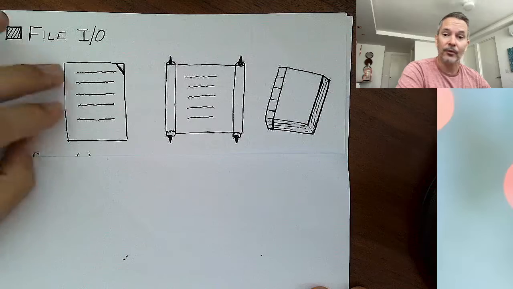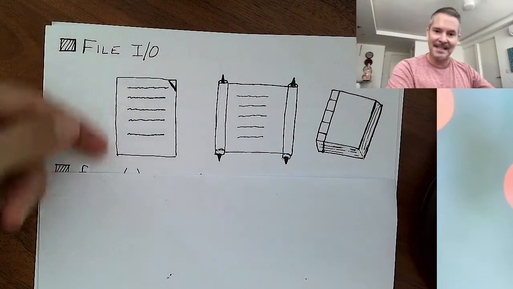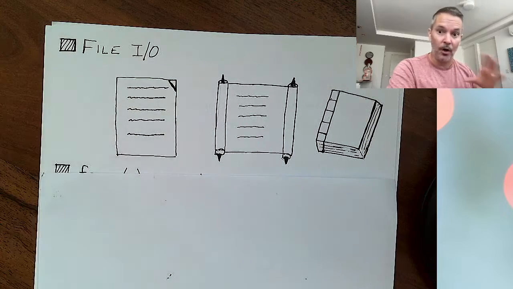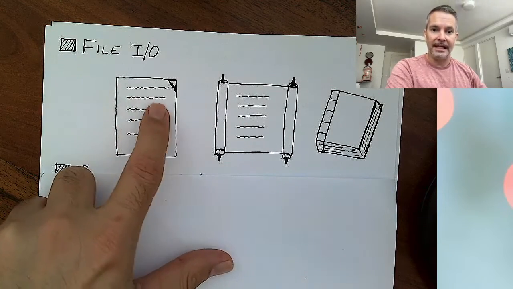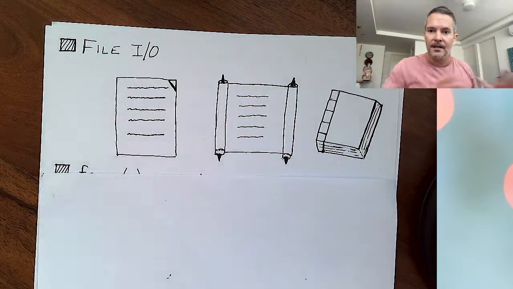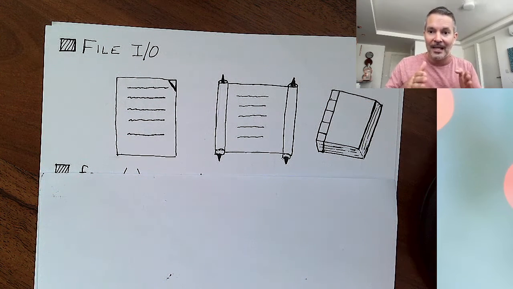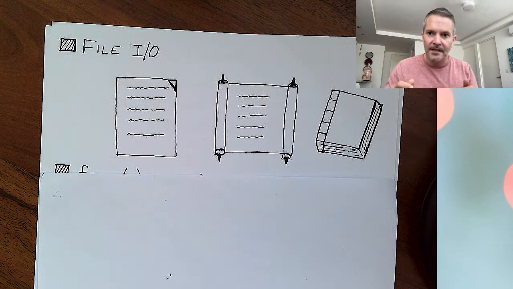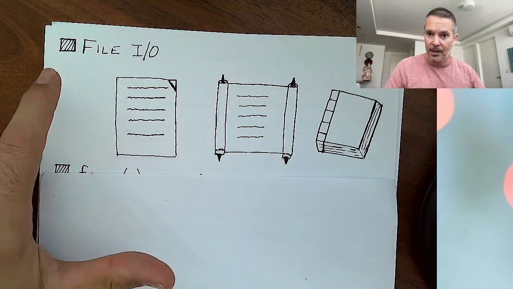Well, much like the memory of a computer, if I have a piece of paper sitting on my desk, I can see the entire piece of paper all at once. I can look at and write on any line, any part of the paper that I want. This is similar to how memory works. It's directly addressable. I can go to any place in the memory instantly and see what's there. It doesn't cost me any extra effort to look and to get whatever I want off the page.